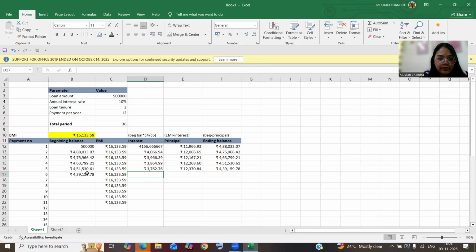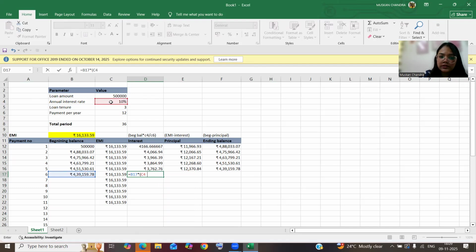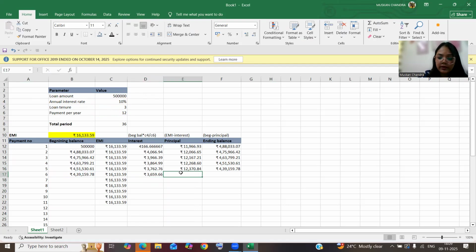Interest is beginning balance into C4 divided by C6. Principal will be equals to EMI minus interest.